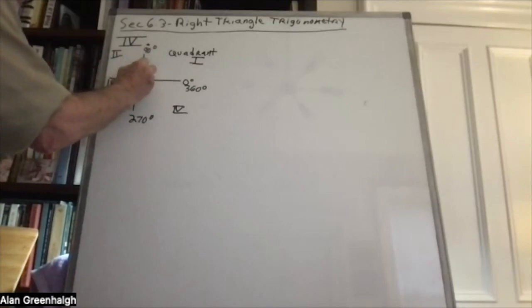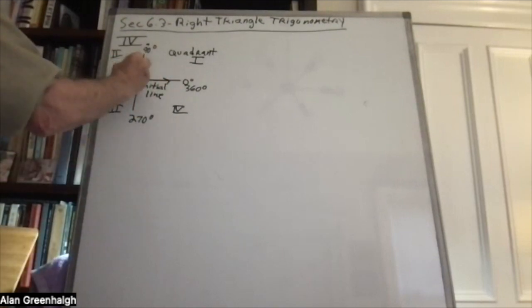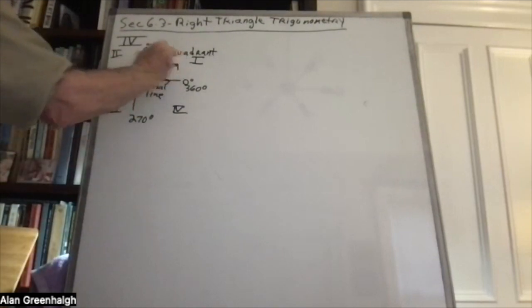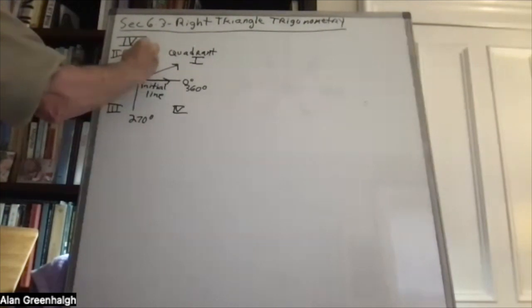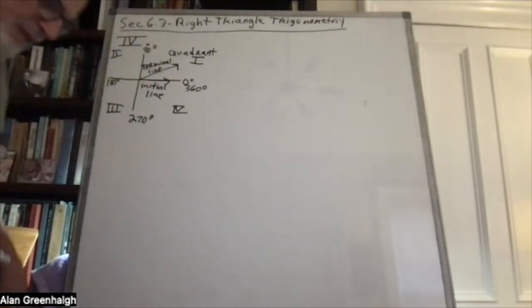An angle is formed with an initial line and a terminal line. And this is what it looks like.